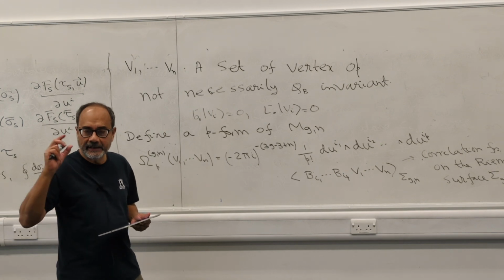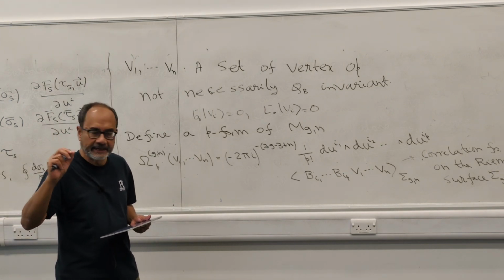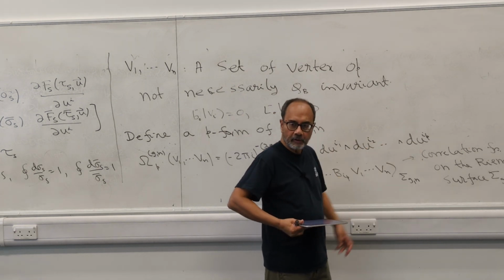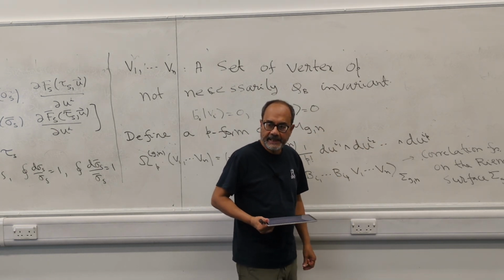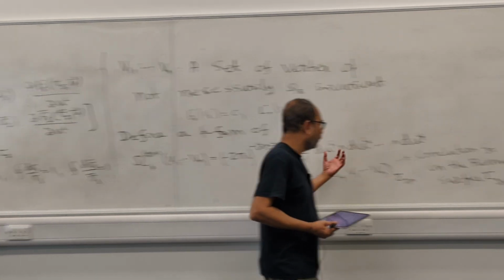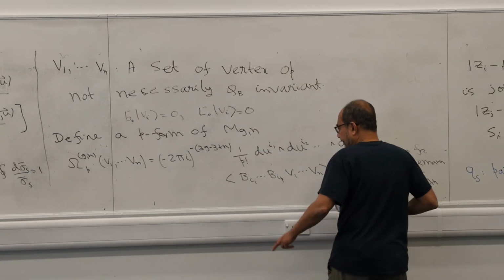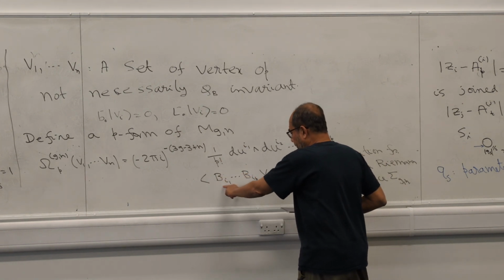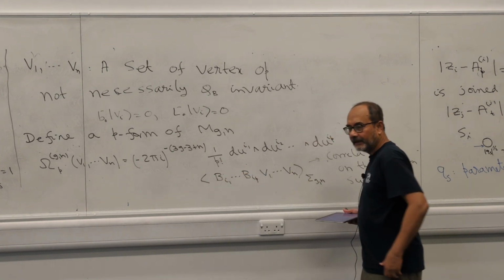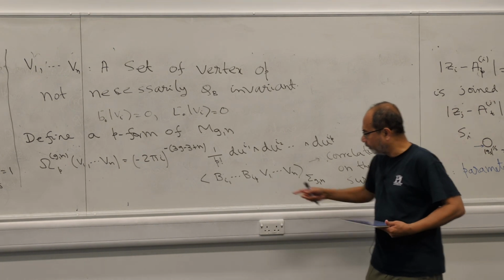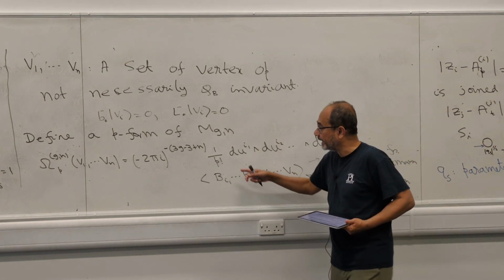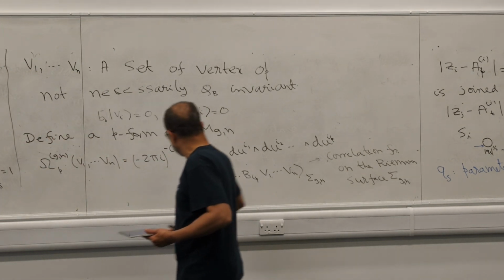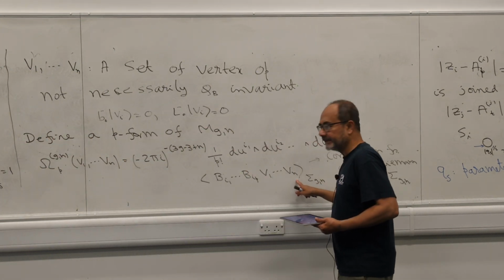So a given Riemann surface is characterized by a particular set of values of u, which means a particular point in the moduli space. And now what we are saying is that we introduce a p-form on M_{g,n} by writing this. So this is given in terms of the correlation function on that Riemann surface of these operators. The b's that I have introduced here are the b ghosts, and the set of V's.